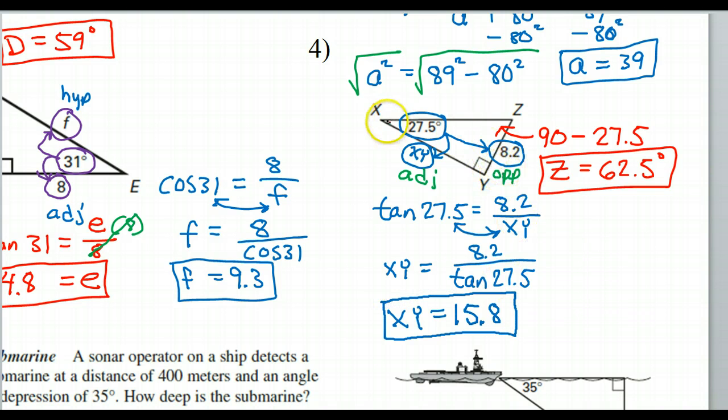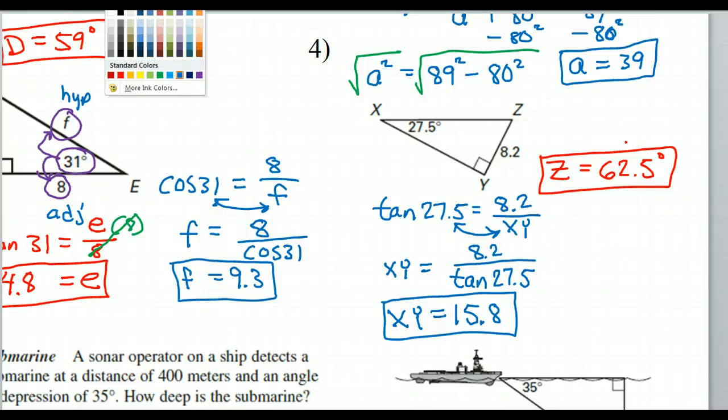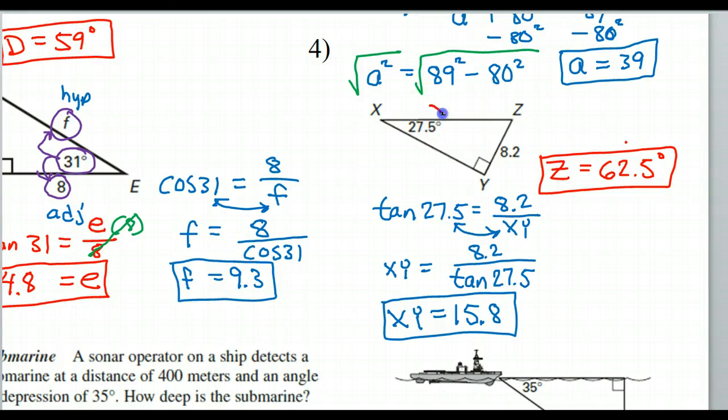I also need to find side XZ. For that, I'm going to sort of start over a little bit. Let me get this out of my way as well. So side XZ, I'll go back to red. So here's side XZ. I'll just put XZ on there. Here again, I've still got my angle. Now I've got my XZ that I'm looking for, and I've still got my 8.2.